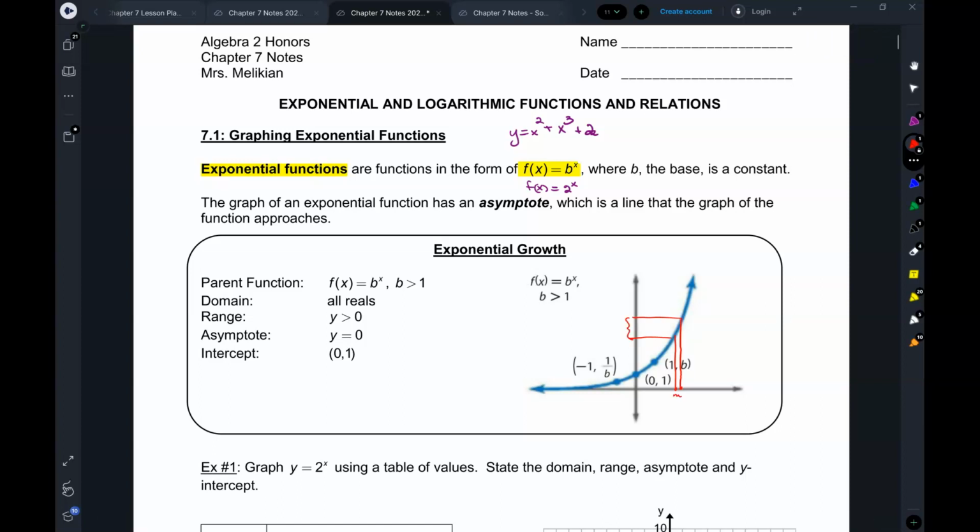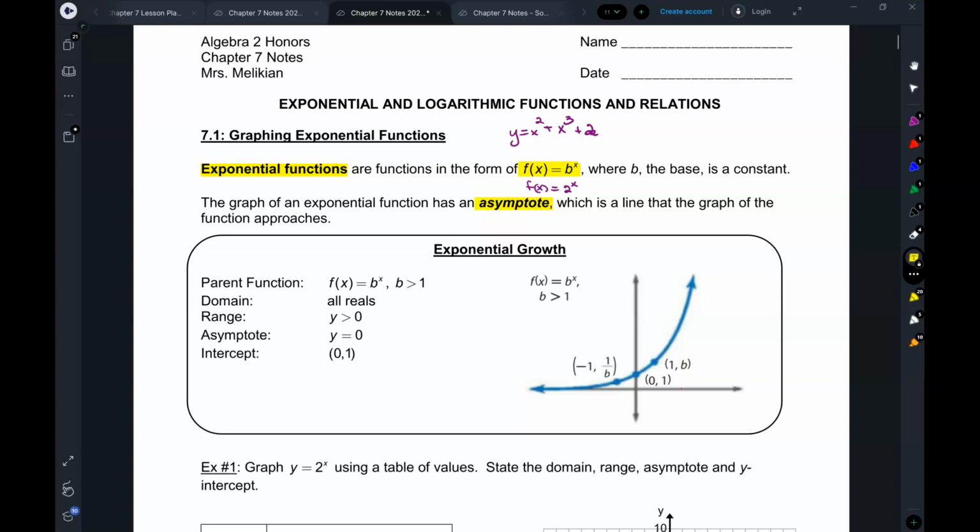Just by going over a little bit on the x, there was such a big difference in the y. That's a characteristic of an exponential function. Another characteristic is that they have an asymptote, which is an imaginary line that the graph comes exceedingly close to but never touches, okay?